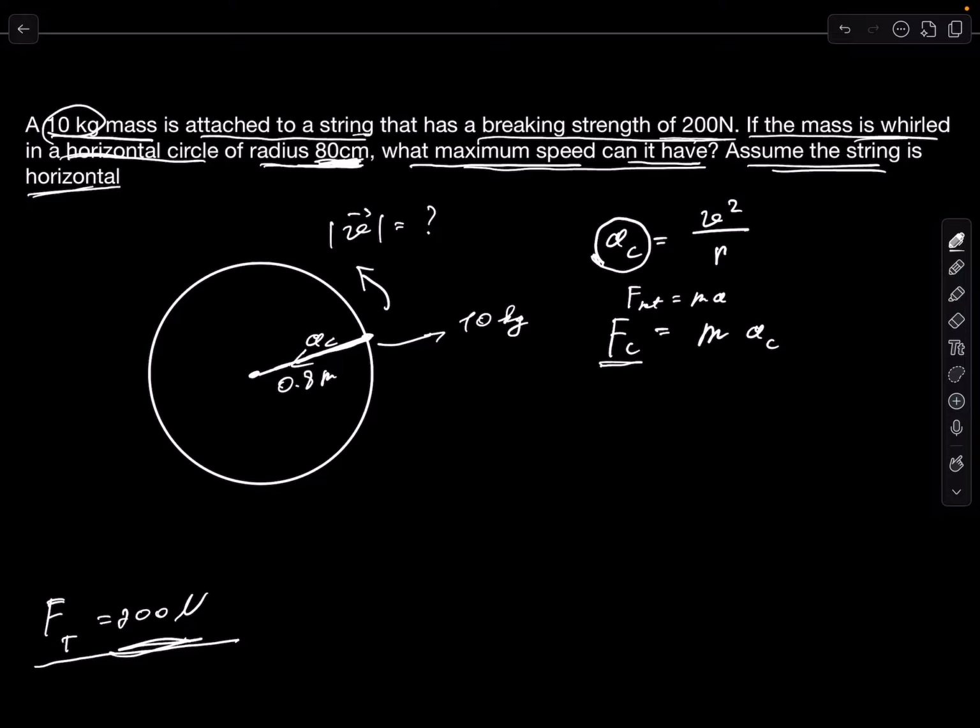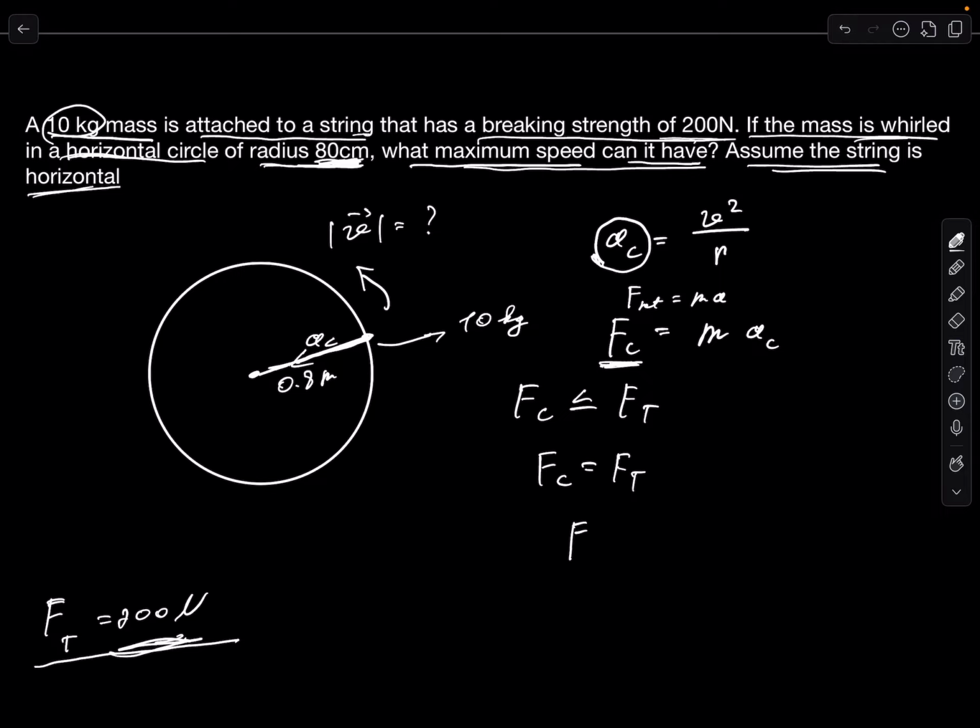So our centripetal force needs to be either equal to or less than the breaking strength of the string. Let's make it equal to so that we get the maximum speed. We're asked maximum speed. So if we make it equal, we're going to get our maximum possible acceleration, which means we're going to get maximum possible velocity.